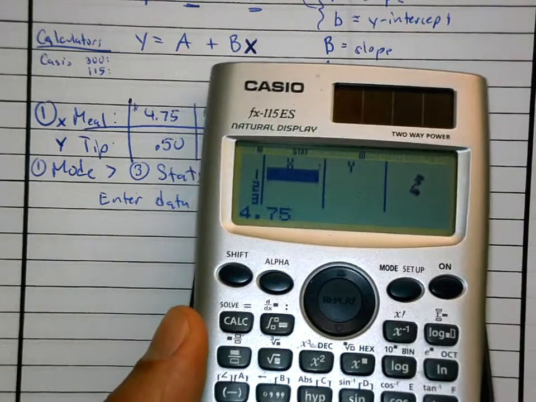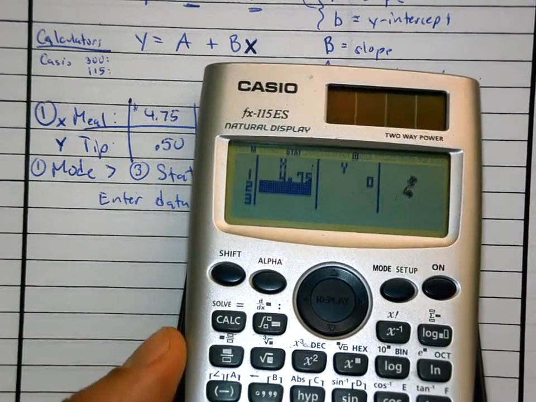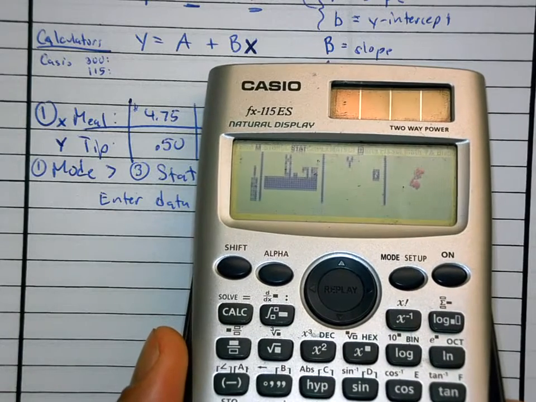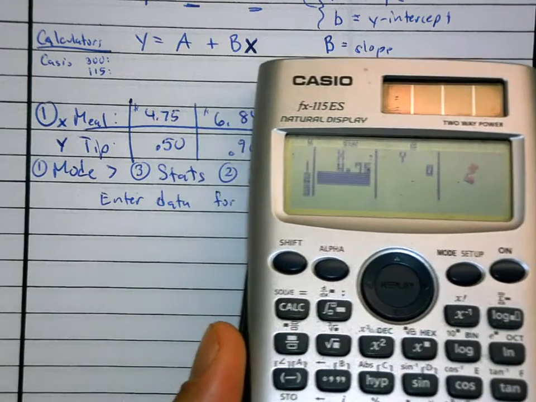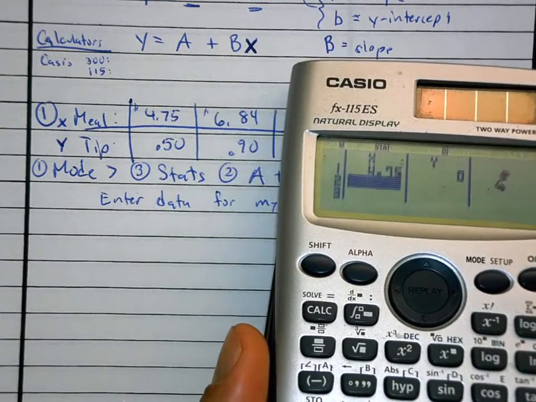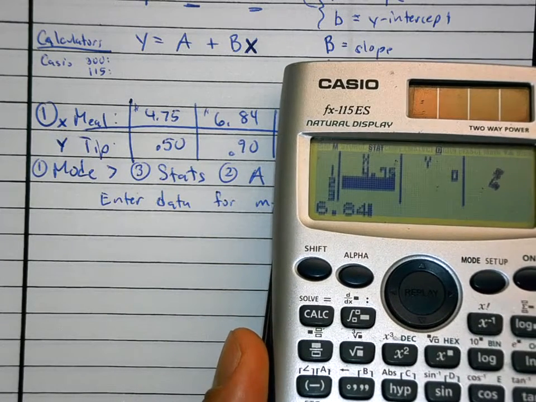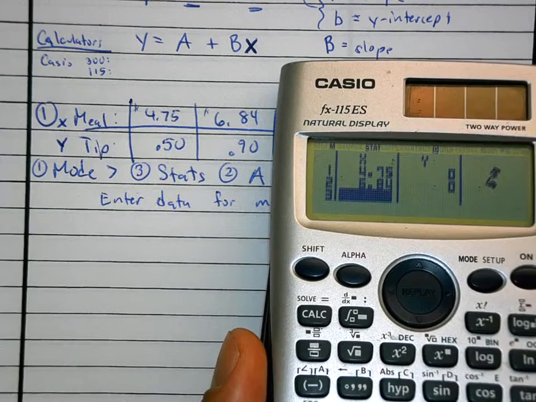Watch me. 4.75. Enter. Let me make sure you can see that. You see how that's entered in there? The next number I'm going to punch in is what number? 6.84. Enter. There's my first one. There's my second one.